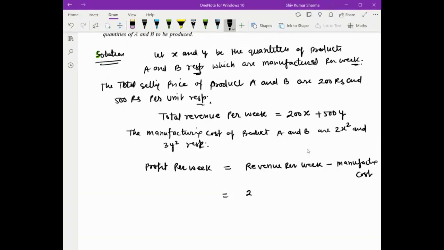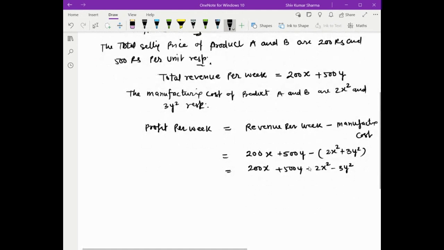So this is equal to 200x plus 500y minus 2x square plus 3y square. So we can write the profit per week as 200x plus 500y minus 2x square minus 3y square. Now this is our objective function.